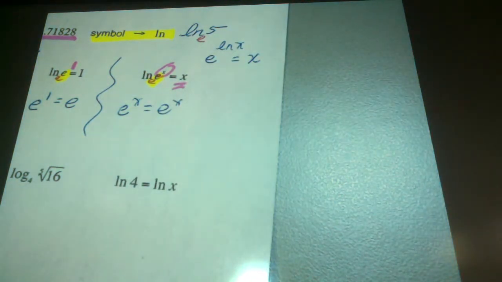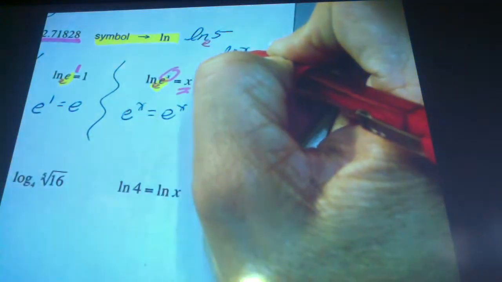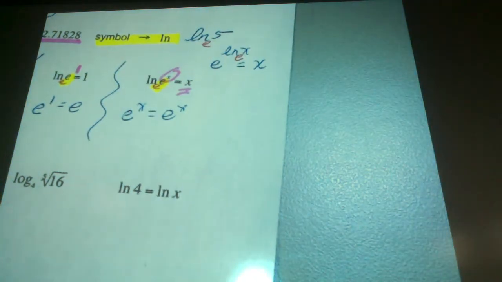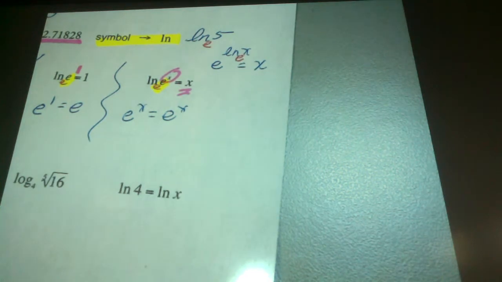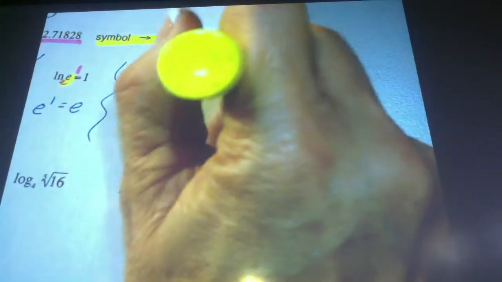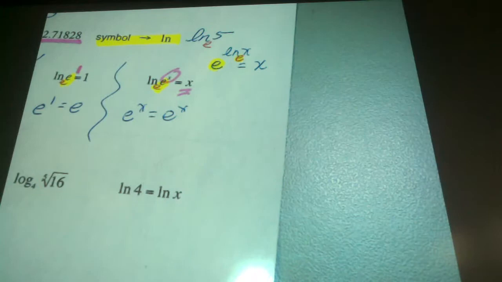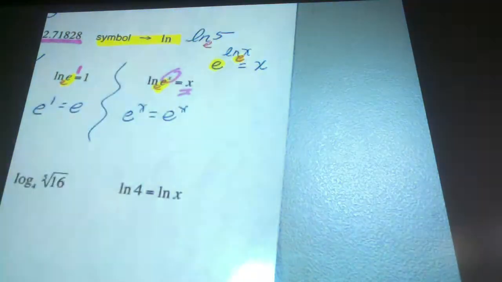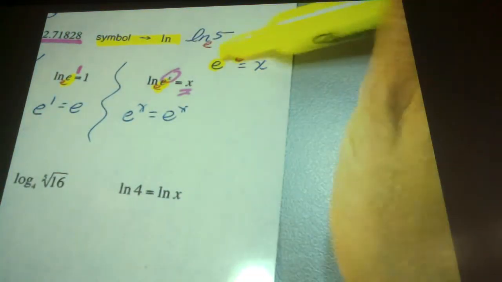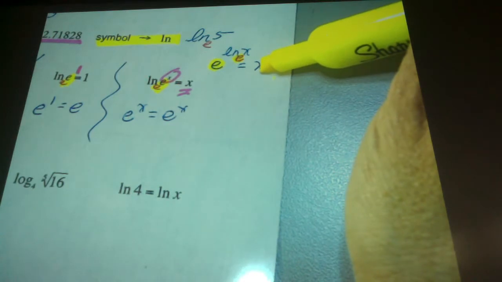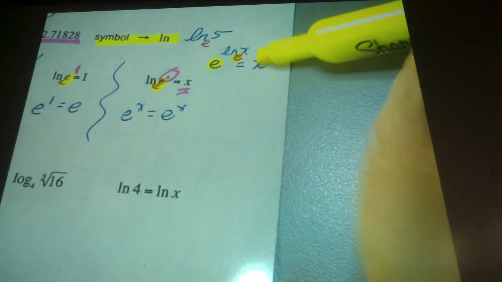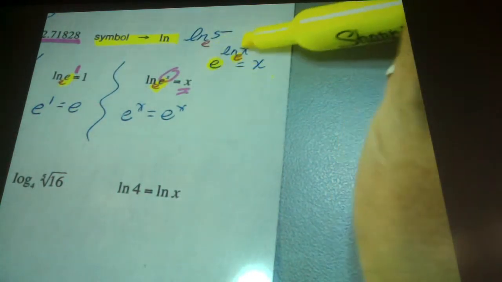The answer is going to be x. Note one thing though. Notice how this base that we can't see is automatically understood to be e. Anytime the base of the power and the base of the log are identical, so they both have a base of e, whatever you're taking the log of is the answer. The base of the power and the base of the log are the same.